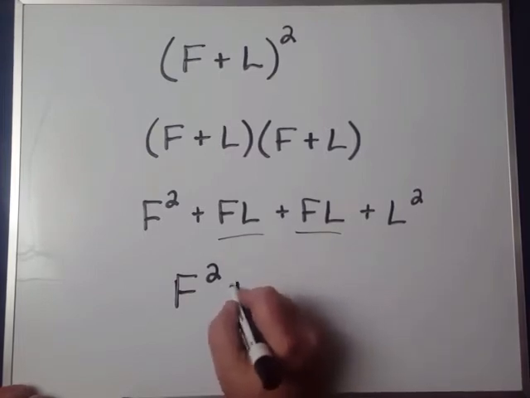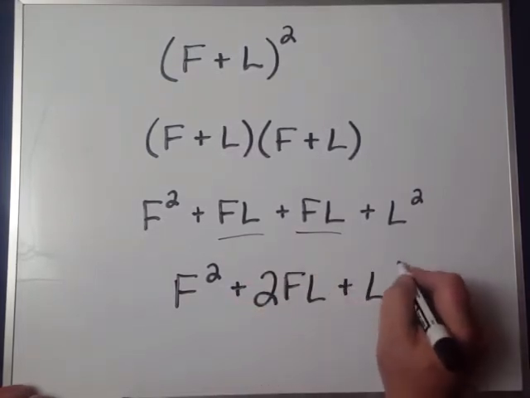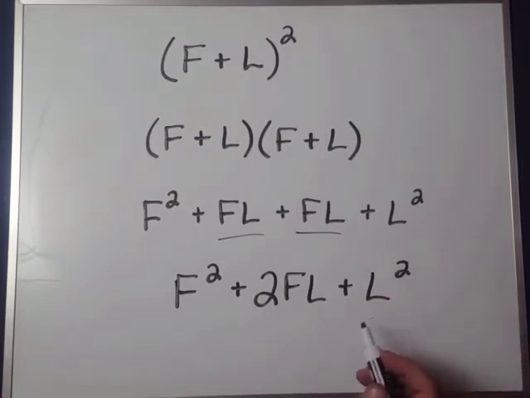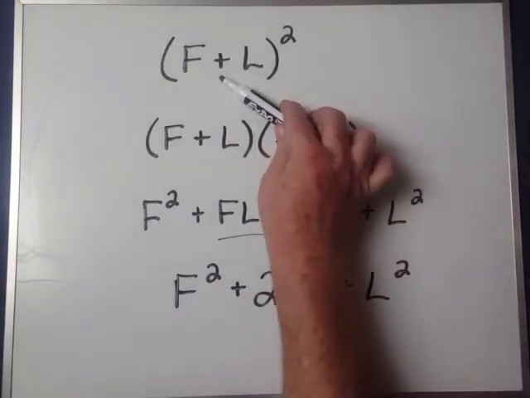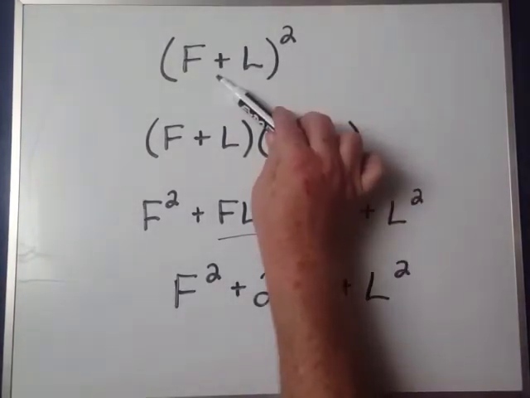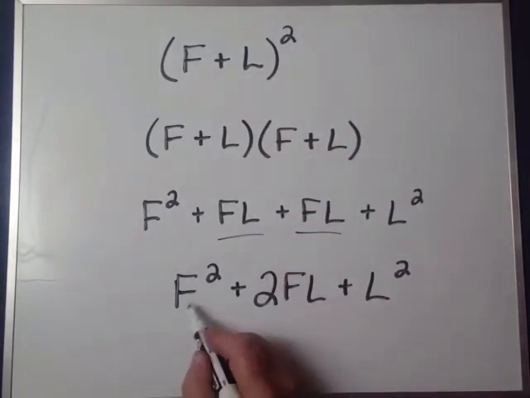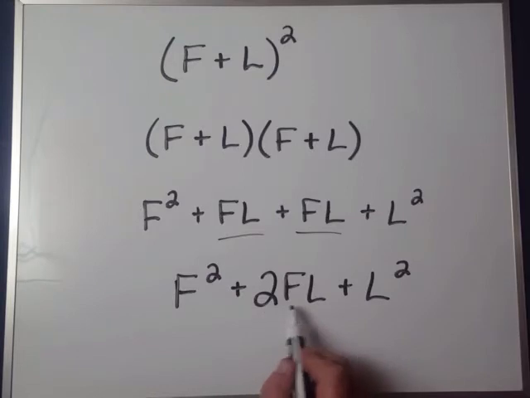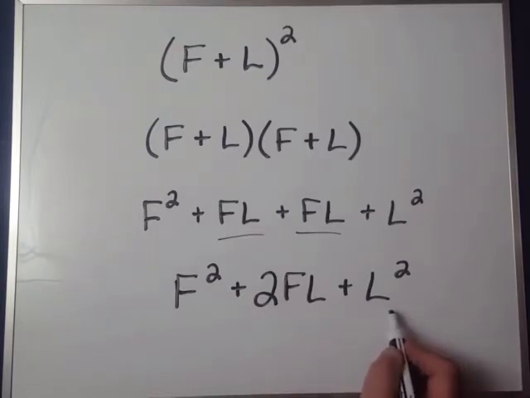FL plus FL is 2FL. And we've just developed a blue box. Anytime you square a sum, anytime you square a binomial, the answer will always be the first squared plus double the first times the last and plus the last squared.